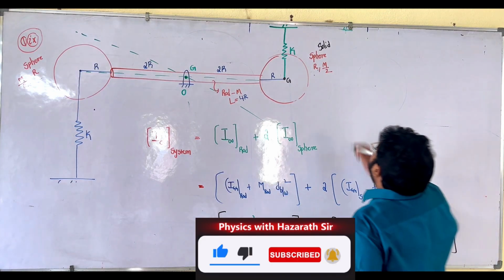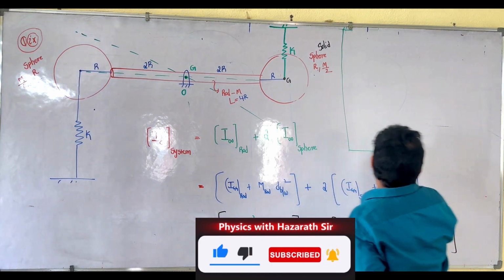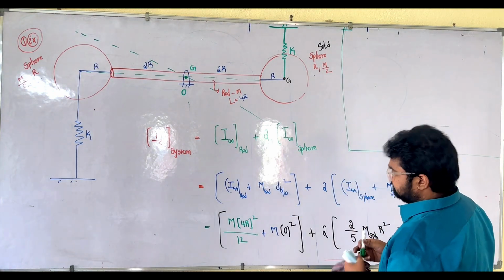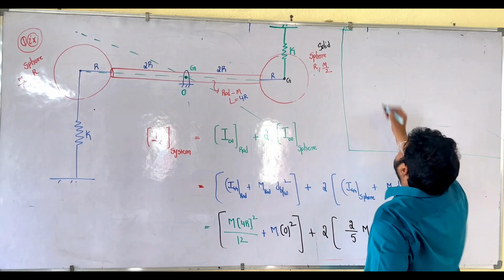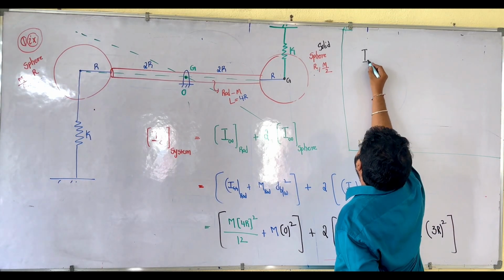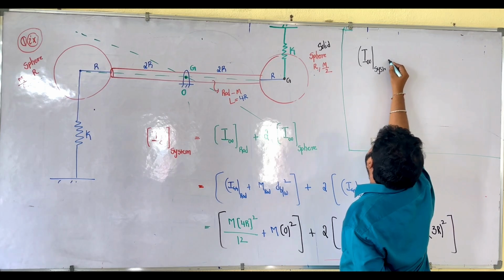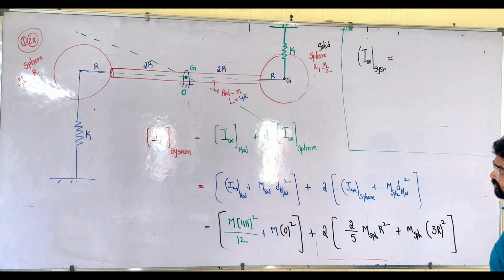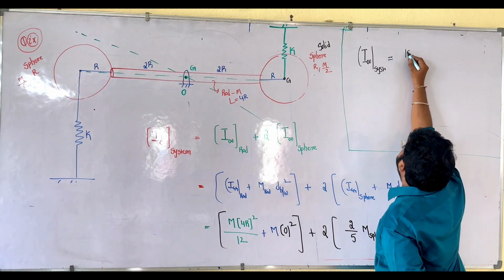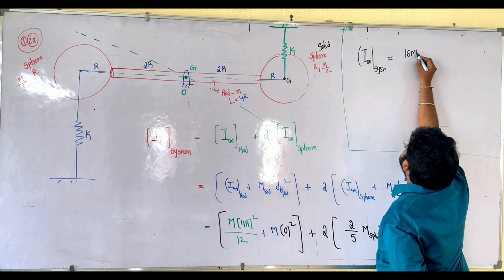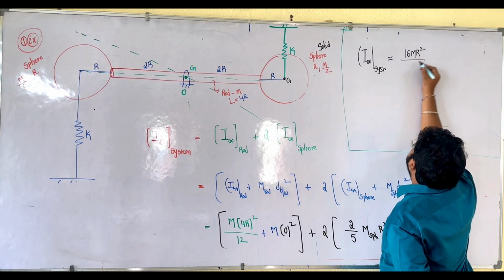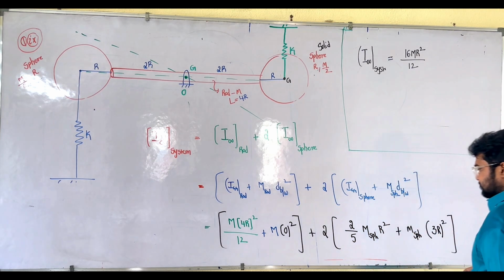Finally, what is the mass moment of inertia of the system? IOO of the system equals how much? 16 mr squared by 12 plus how much?